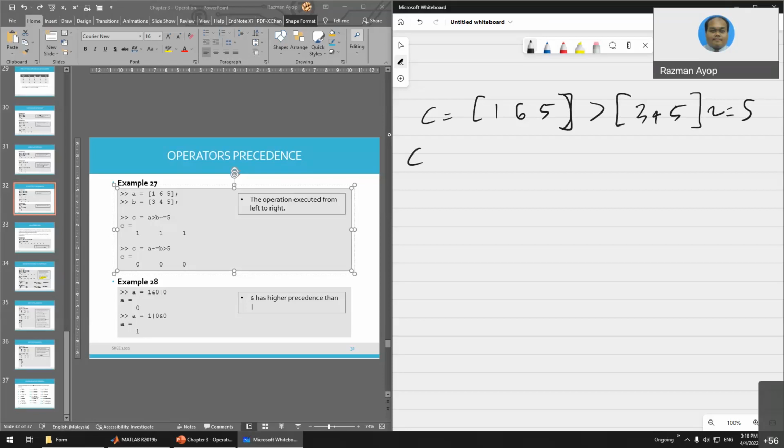Of course, you have to show one by one. For this case, 1 is more than 3 is wrong. 6 more than 4 is correct. And 5 is more than 5 is wrong. And then not equal to 5.